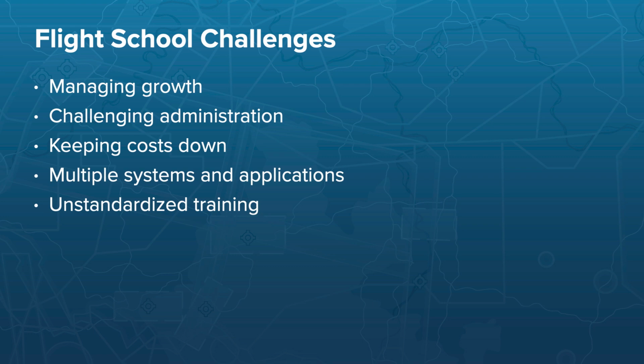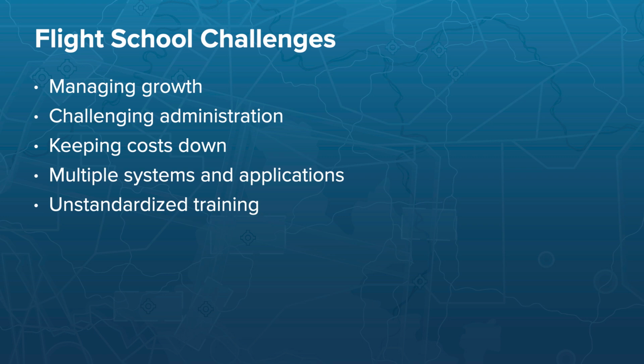Sure, there's quite a few of them out there. We've got managing growth. Flight schools are constantly growing and helping fill the need for a pilot shortage. Challenging administration with expanding costs and operations. Flight schools have so many systems and applications: maintenance, scheduling, student management. There's just a lot to juggle. Keeping costs down.